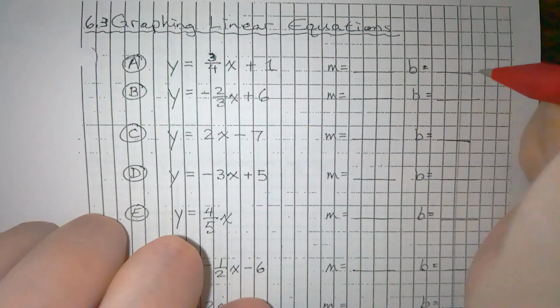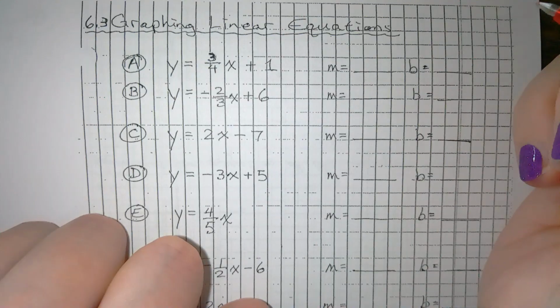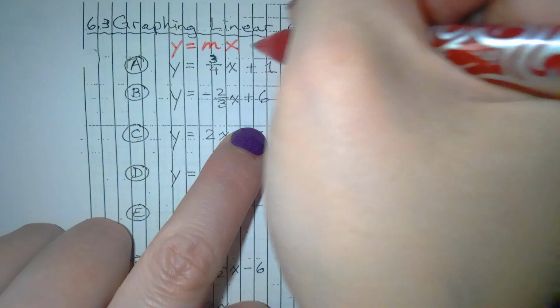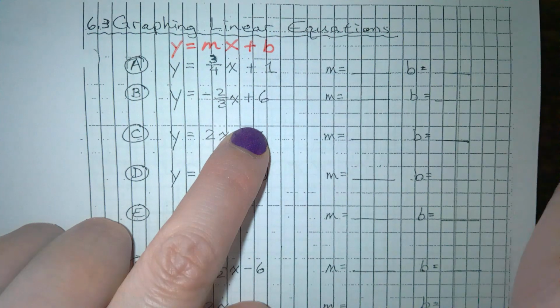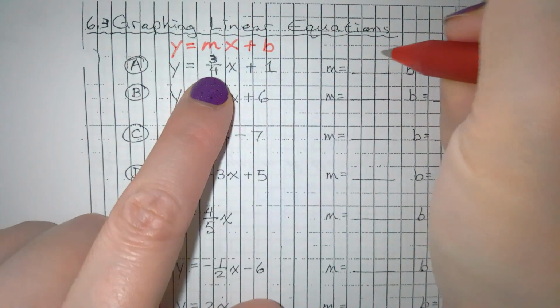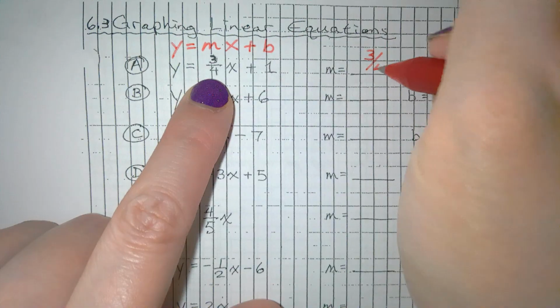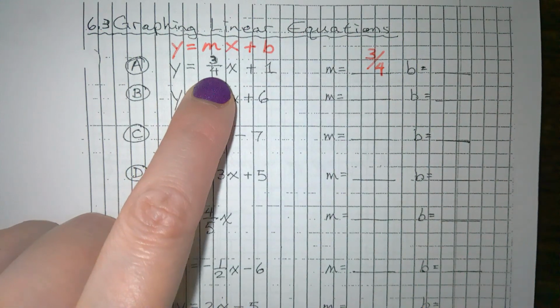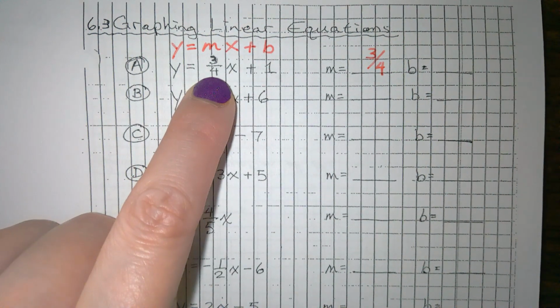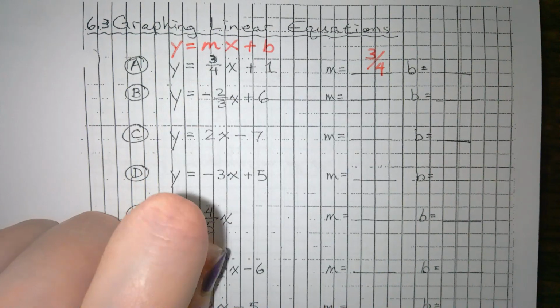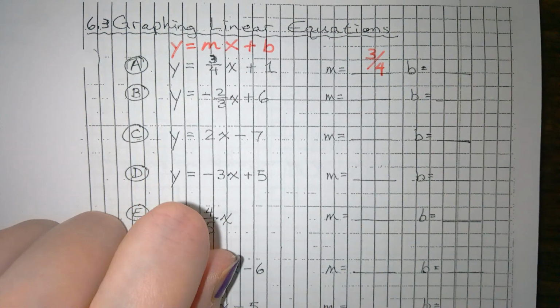What is your b? Remember it's y equals mx plus b. So if you match it up, m is 3 over 4. No x, okay? Just like what we've been working on, m is always just the number. And what is b? 1. 1, yeah.